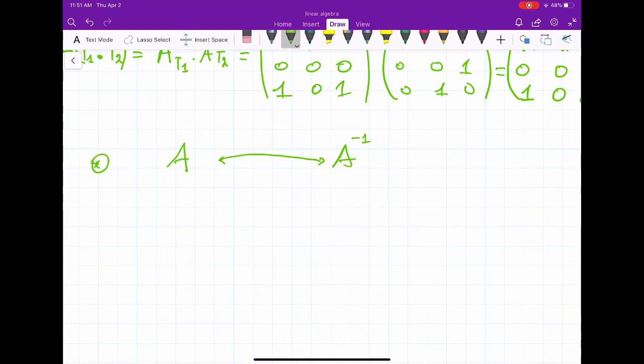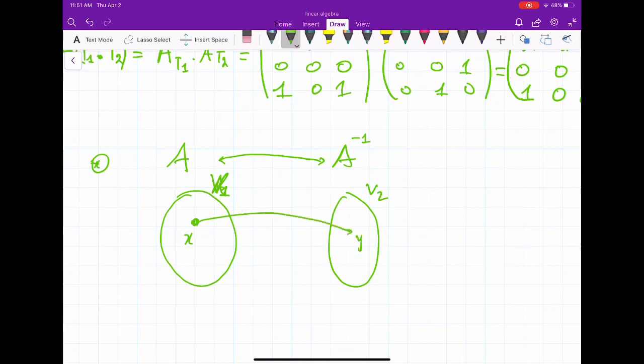All right, so you see, you have some x in here in the first space, let's say V1. You have another space V2. You go from x to y via T. So if you consider another linear transformation from V2 to V1, right?